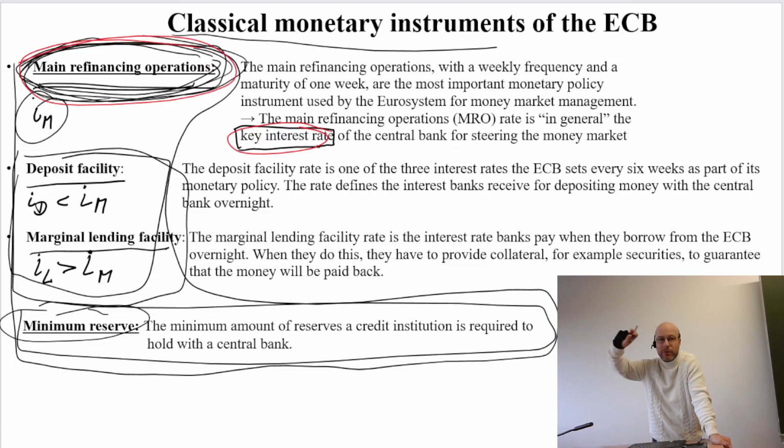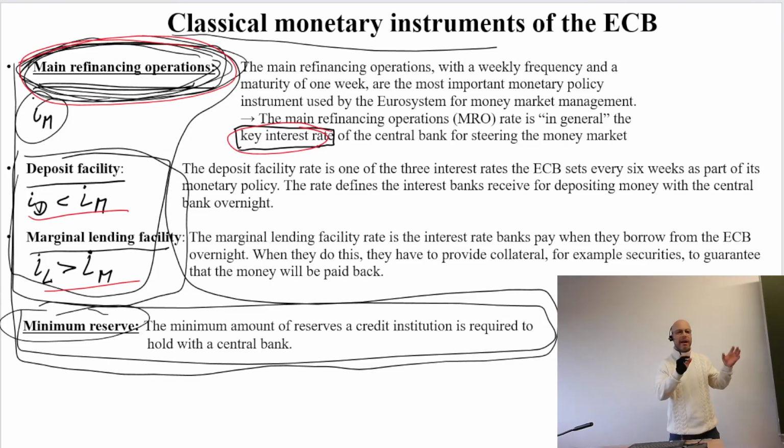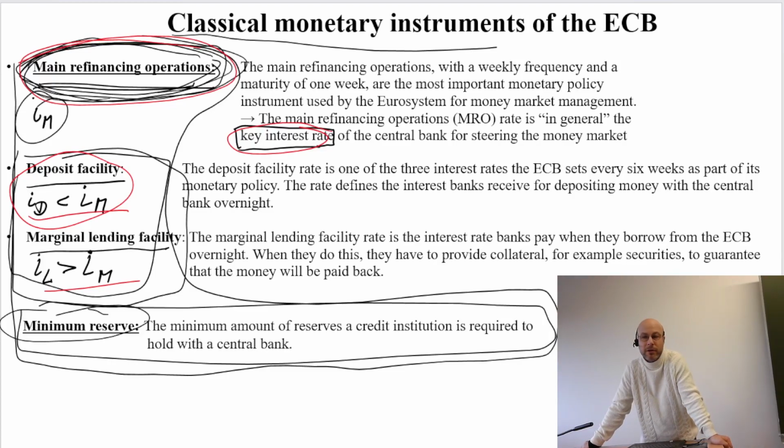And then we have a corridor around this key interest rate, the deposit facility and the marginal lending facility. This is, so to speak, something like an insurance. If the cash management of the private banks doesn't really work, they always have the possibility, if they have more central bank money than they need, to put it in the so-called deposit facility, but for a lower interest rate.